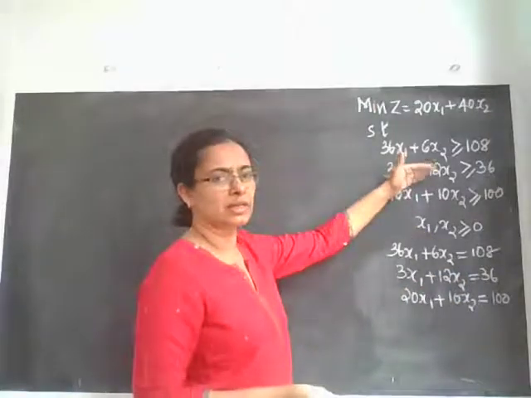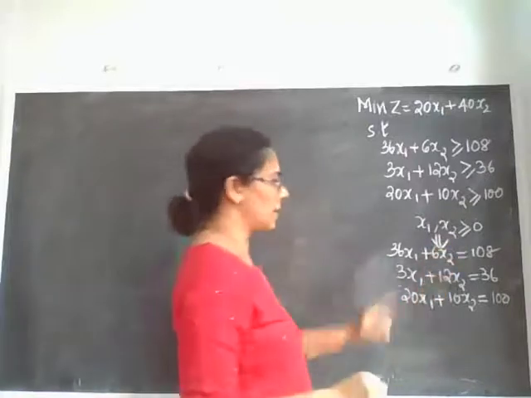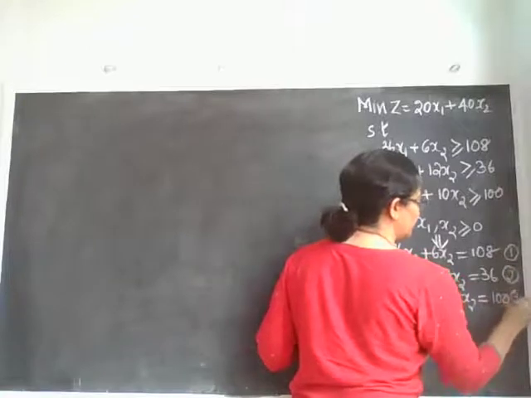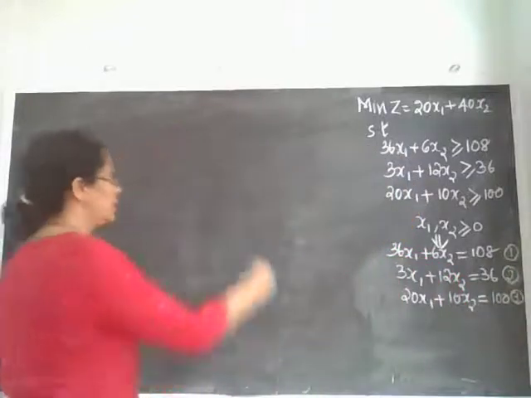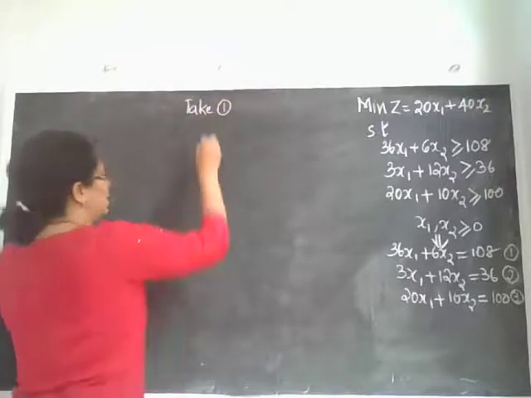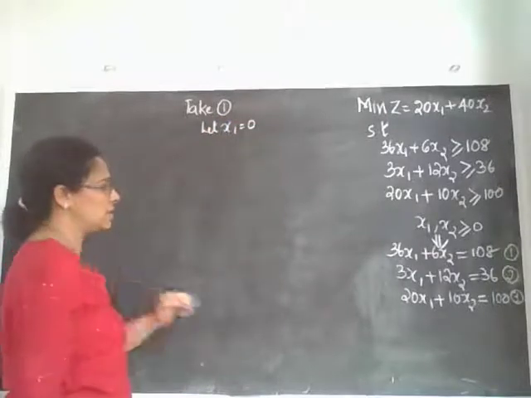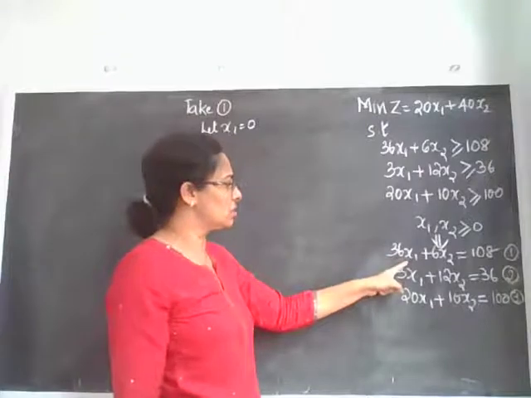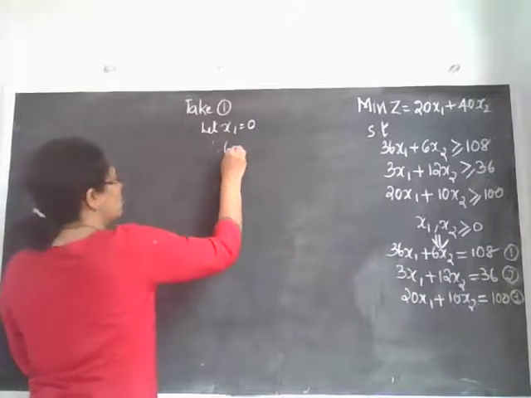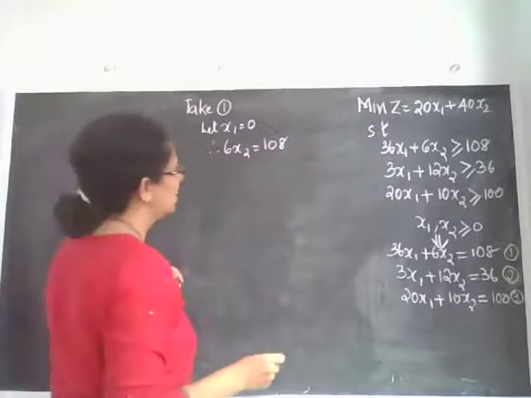Converting the constraints into equalities, these are 1, 2, and 3. Now take 1, and let x1 equal to 0. So 36 into 0 plus 6x2 equal to 108. Therefore you will have 6x2 equal to 108.